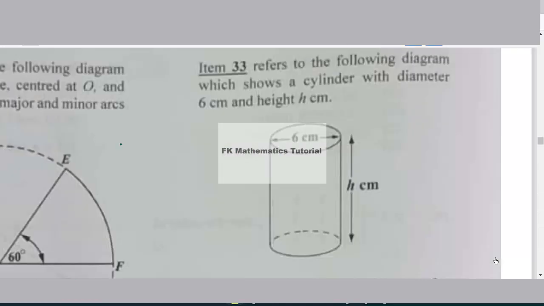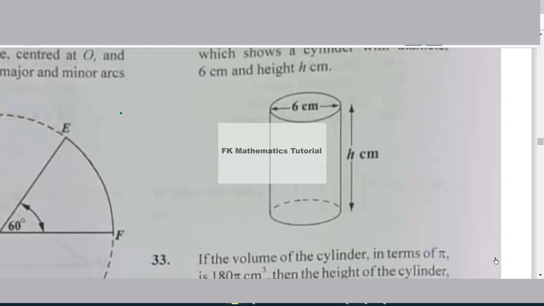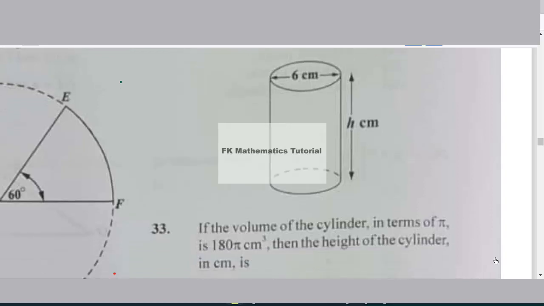Item 33 refers to the following diagram, which shows a cylinder with diameter 6 centimeters and height 8 centimeters. If the volume of the cylinder in terms of pi is 180 centimeter cube, then the height of the cylinder is what in centimeters?